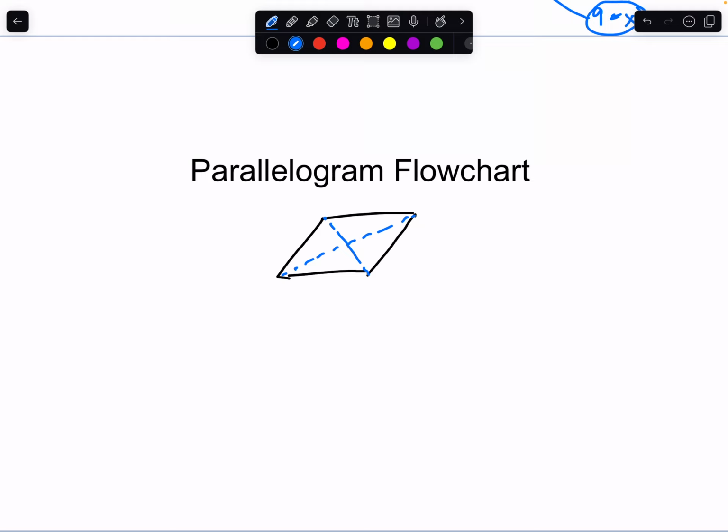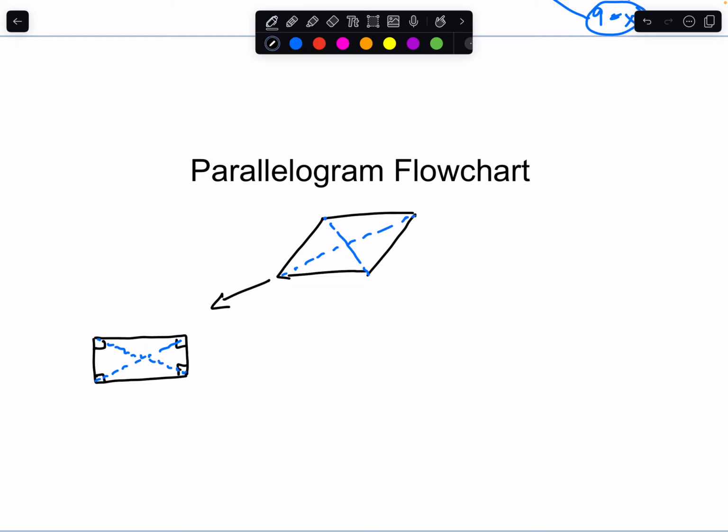From here, we then defined a very particular parallelogram to be a rectangle. And the rectangle was defined as 4 right angles, and the diagonals were still bisecting each other, and they were also congruent.